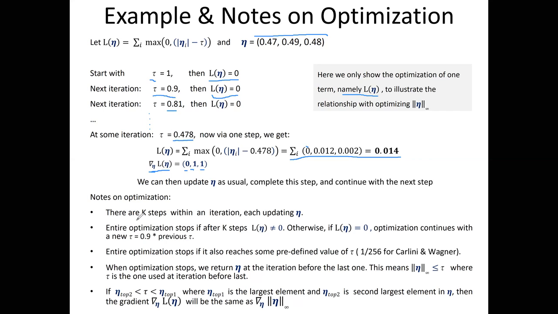A few notes here. Within each iteration, there can be k steps. We just showed one step, but for one iteration we have a fixed tau. So in this iteration the tau is 0.478, and we may have multiple steps, each of which updates the value of eta. So we keep updating.